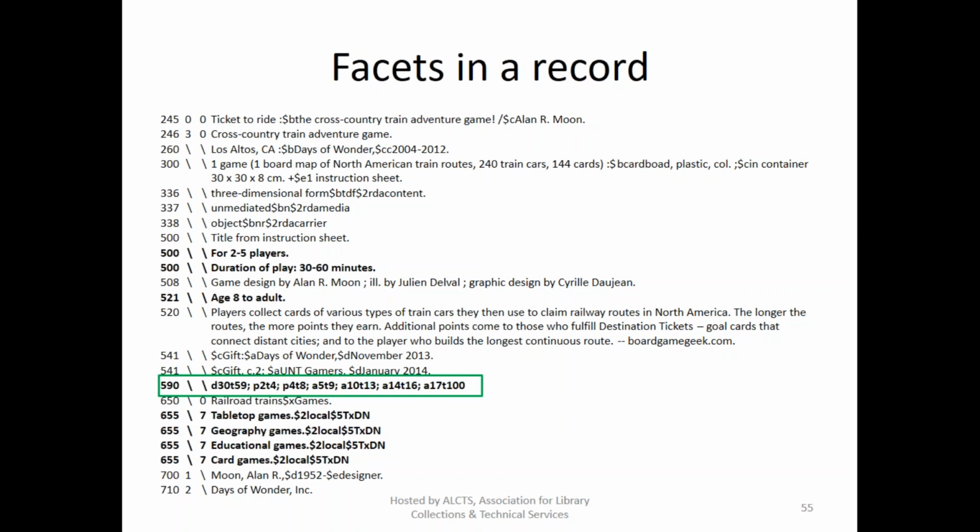After talking to our IT person, we made the decision to create structured codes around age range, duration, and player information. This allowed our back-end faceting system, Blacklight, to pull these codes from the record and append any label we chose.